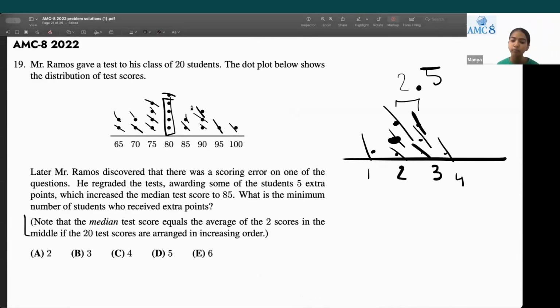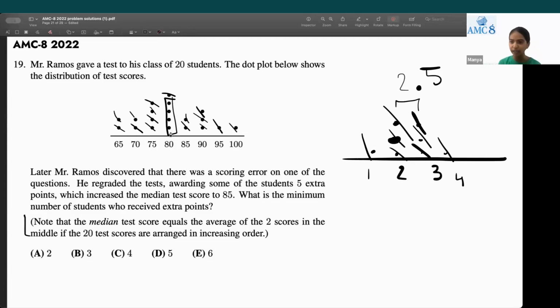But then he told us that he regraded them, awarding some students 5 extra points, which increased the median to 85. So if there are 4 students who have 80 so far, and we move 2 of them to 85, then the median would be between 80 and 85, which is approximately 82.5. And if we do 3 students here and 1 student here, then it'll be like 81.5 or somewhere around that range.